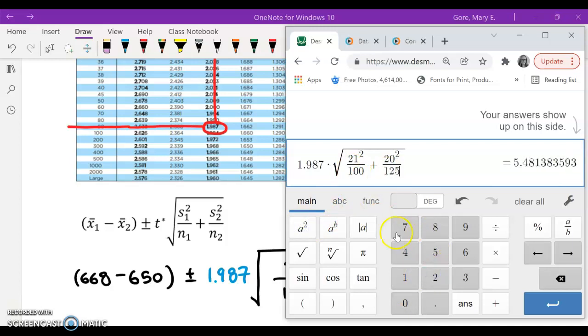What this is doing is multiplying the critical value 1.987, almost 2, times what we call the standard error. That multiplication of T star times the square root here is the margin of error.